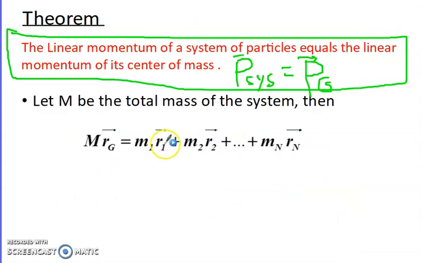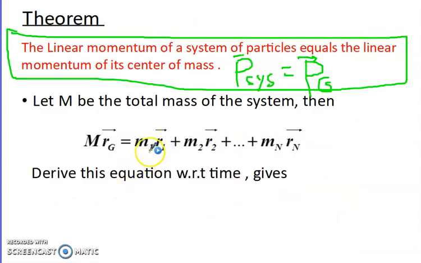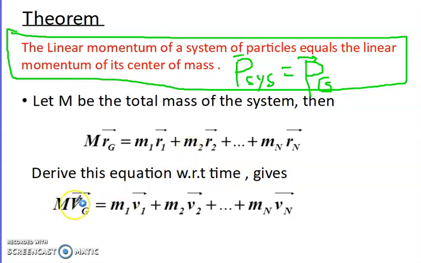Okay? Now let's do the derivative. What's the derivative of the position vector? It is a velocity vector, right? So you get this rule. mv equal m1 v1, etc. Because the derivative of r is v. Derivative of r1, v1, etc. But what is this? This is p1. What is this? This is p2.